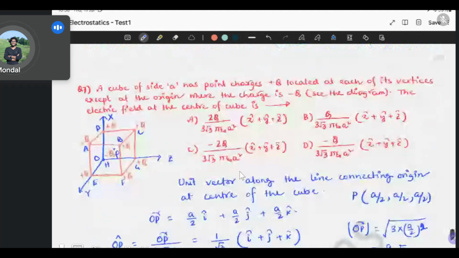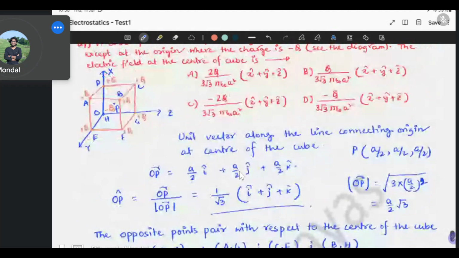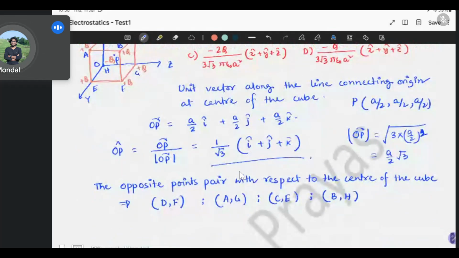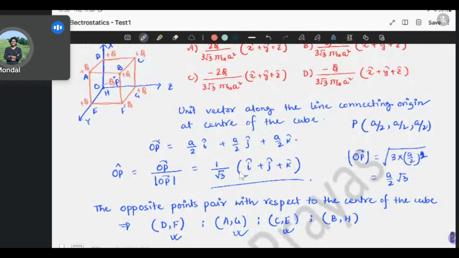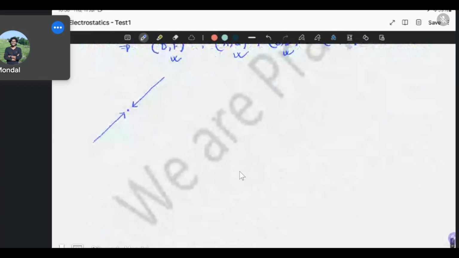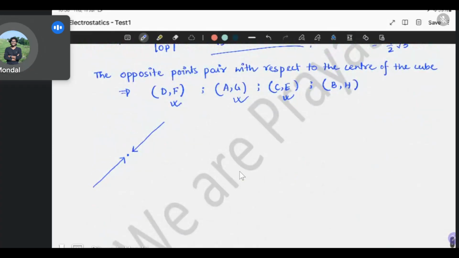But the thing is, for all of these, DF, AG and CE, the point charges are equal. So if you draw the electric field at this point, it will be like this. So they will nullify at the center of the cube.